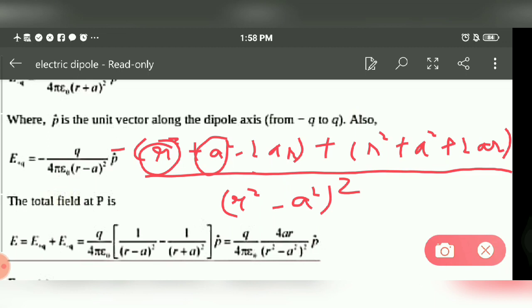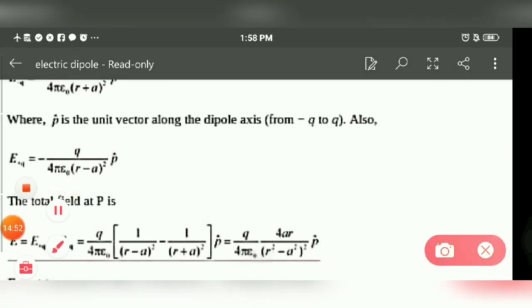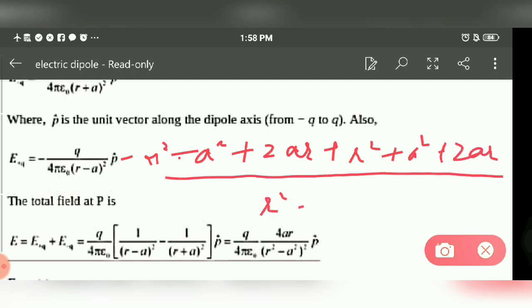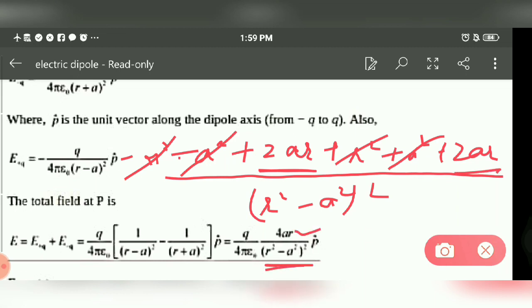So further we are going to get minus R square minus A square plus 2AR plus R square plus A square plus 2AR upon (R square minus A square) whole square. This R square, A square cancel. We get 2 plus 2, that is 4AR upon (R square minus A square) whole square into P cap, Q by 4 pi. So this is the final result.